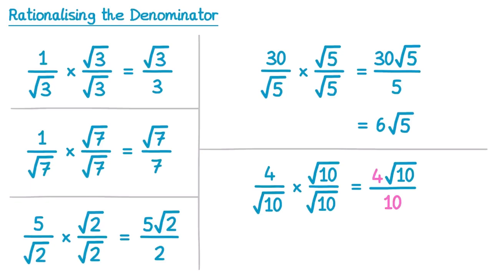However, if you imagine it as a fraction 4 over 10 and simplify, 4 over 10 is the same as 2 over 5. So if we write this again, but replace the 4 with a 2 and the 10 with a 5, and then root 10. So this is 2 root 10 over 5.